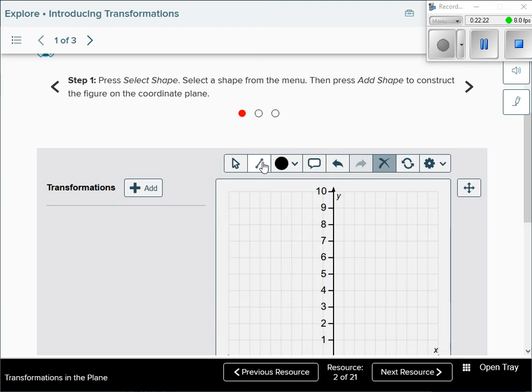Anybody else having the same trouble? Launch presentation. That's why you went to that, not launch presentation. Oh, thank you. So take the shape. Oh, that sucks. Just move it around, do whatever.